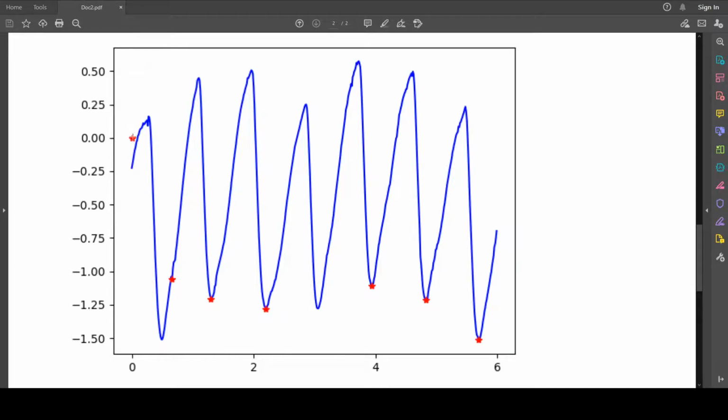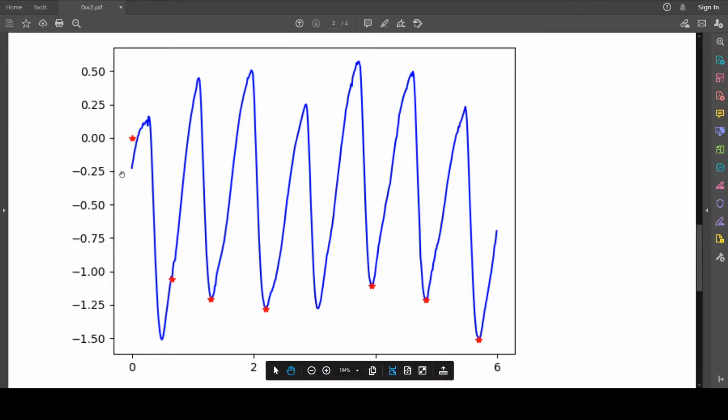So I gave it 0, 0 as my first data point and said, okay, let's just say that that is the first minimum. And then the next minimum that came after that was here, but not enough time had passed for my time threshold. So the next time we had a little bit of an inflection, it found that data point. And then it skipped over until it found this one, and then it found this one, but it seemed to have missed this one, found these.